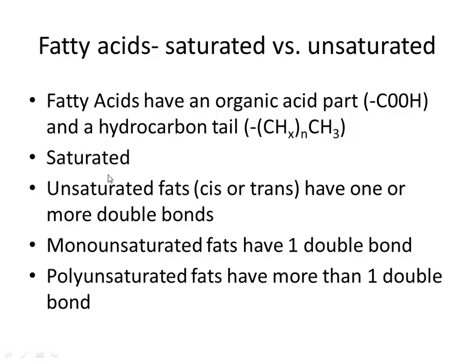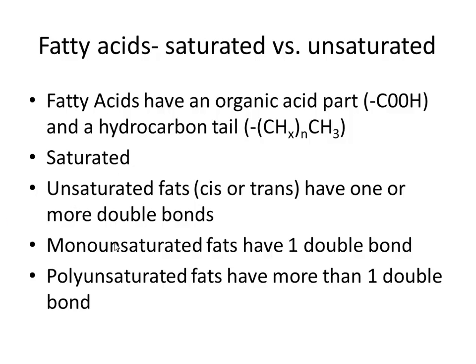So saturated fats are like saturated hydrocarbons. The carbon tail has no double bonds, no ring structures. Unsaturated fats, and this is big, we talk about it all the time. You have your saturated fats, which are like animal fats, and they tend to be less healthy for you than your unsaturated fats. And the reason why is because they're less soluble in water. They're harder to digest, and you can't do as much with them.